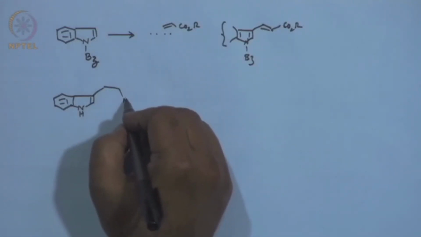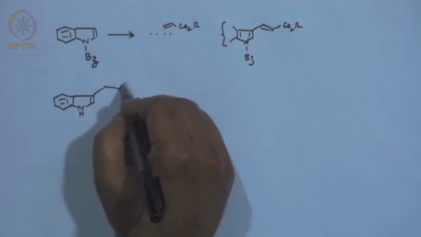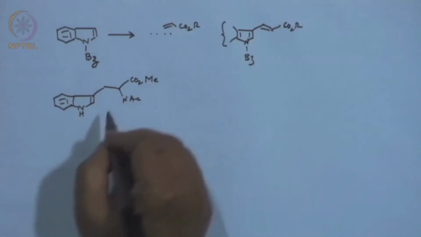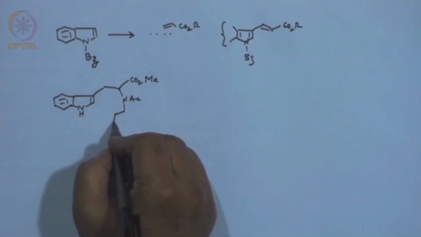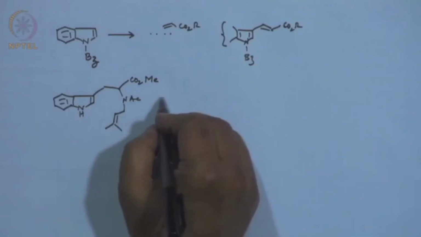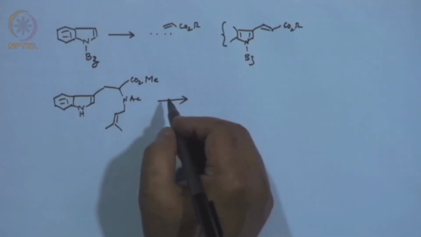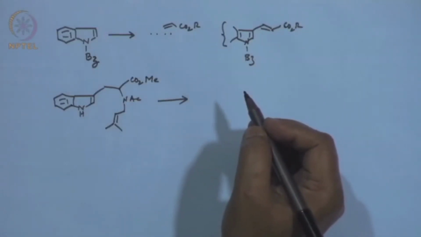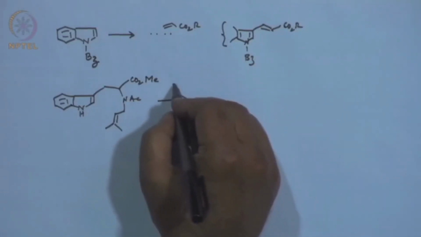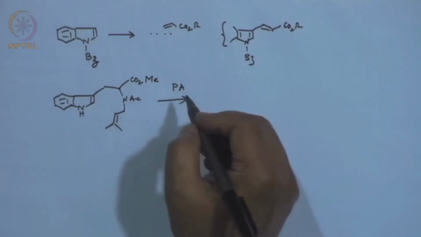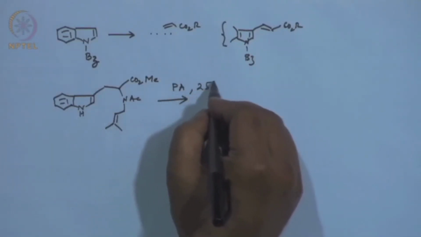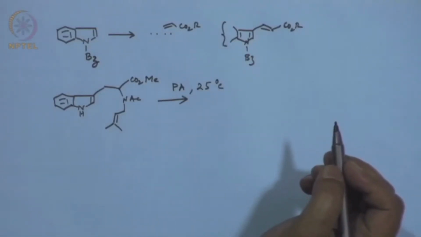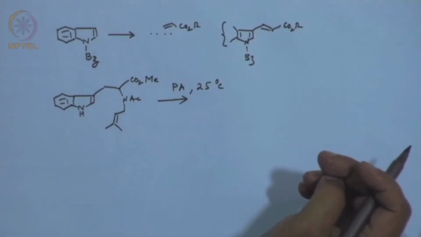This is a tryptophan derivative, and then it is a prenylated compound, and it was very recently discovered, and mind you, the temperature is pretty low, just room temperature. So, what do you expect?